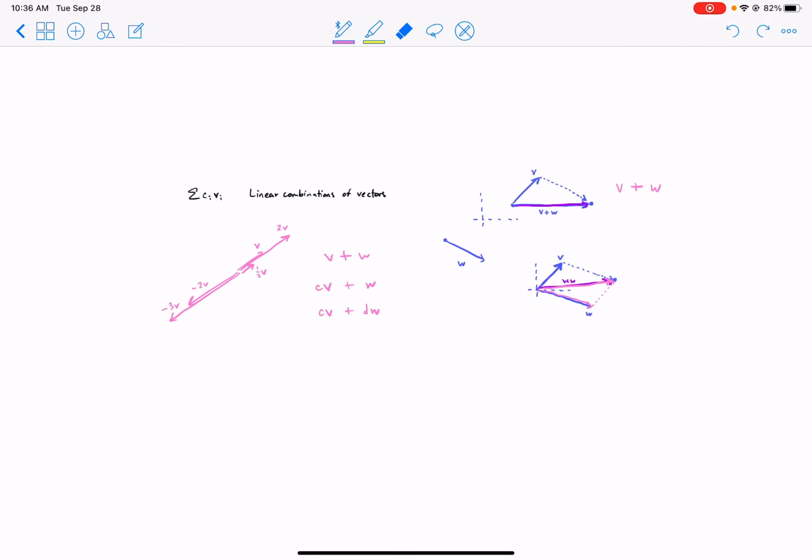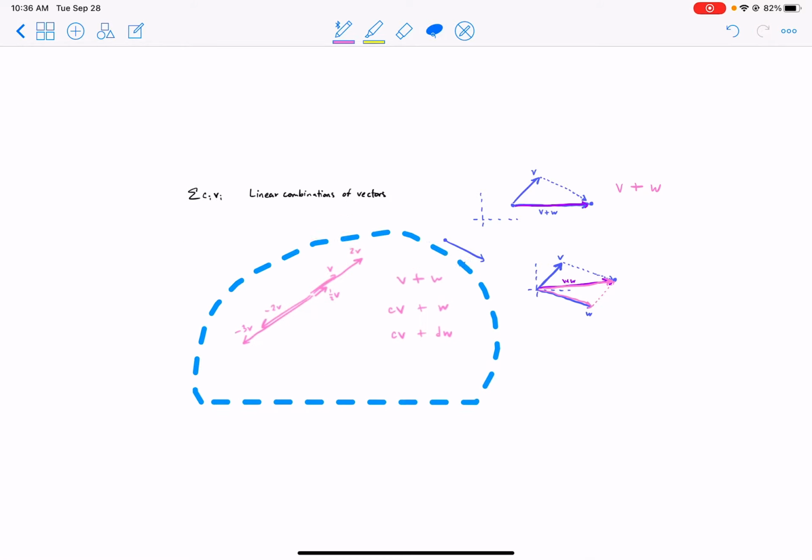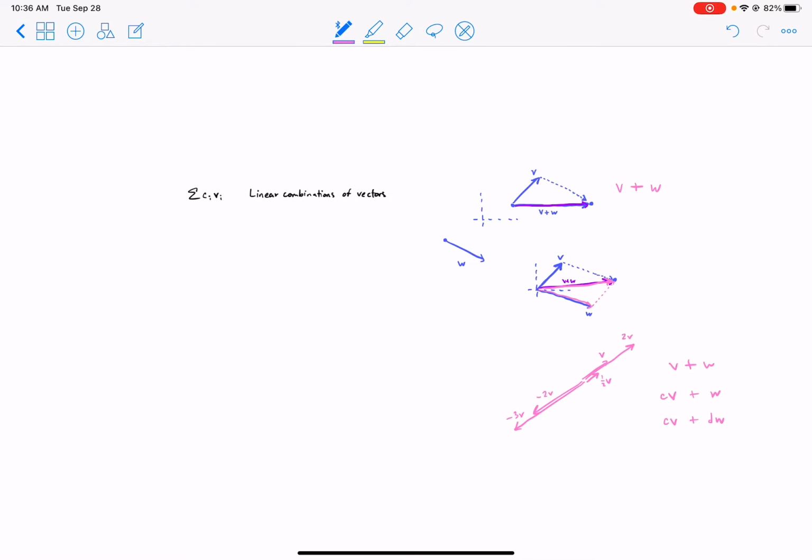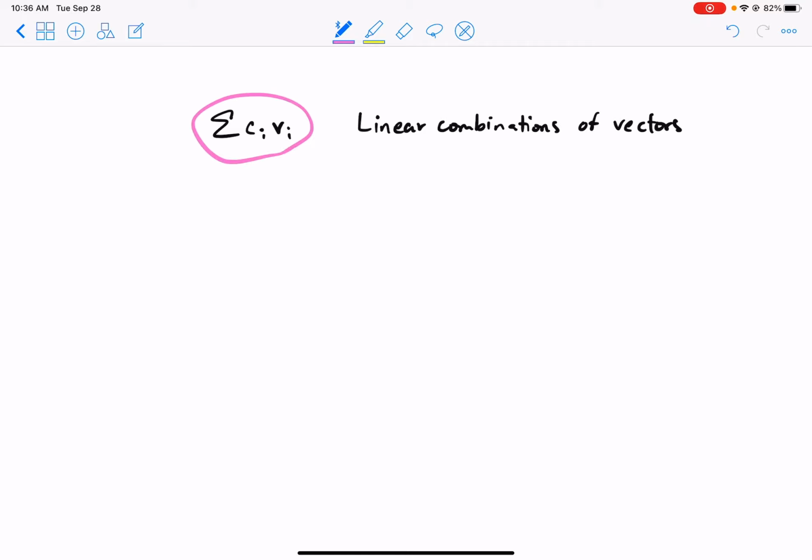Okay, so let me move this. And in particular, this symbol shouldn't be scary. It's just a shorter way of writing it, because you don't want to sit there. And what it really means is c1 v1 plus c2 v2 plus c3 v3 plus, and there's some amount.